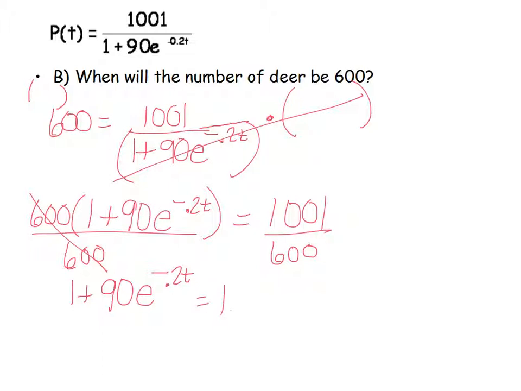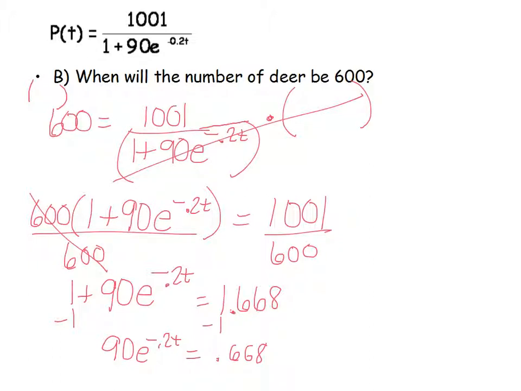That's a 1.66. It's going to be important that we keep those values in our calculator as we go through this. So don't ever clear it. Always keep all the decimal places there. So with that, I'm just going to hit -1 to move the 1 to the other side. So then I'm going to have a 90 e to the negative 0.2 t be equal to 0.668.